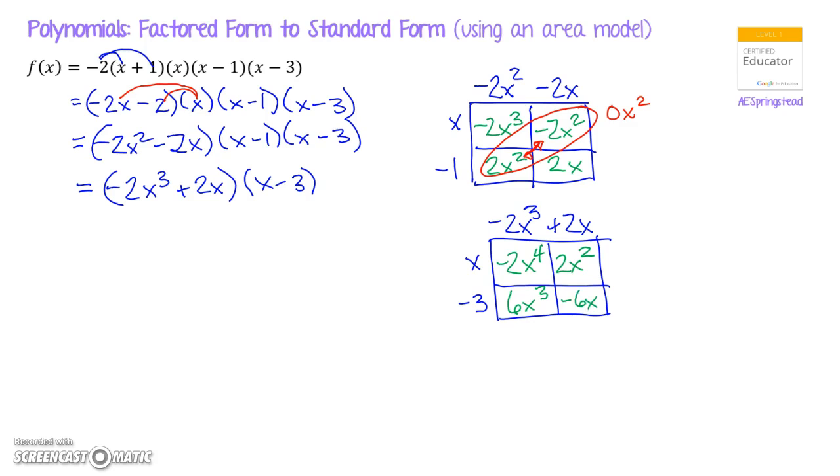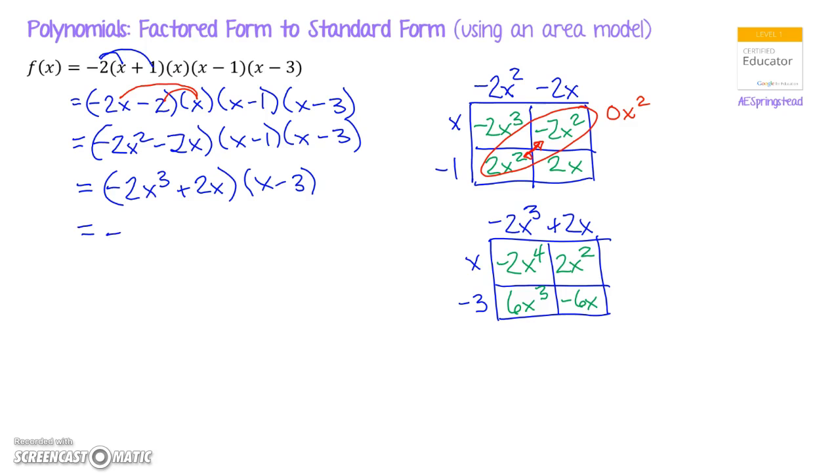So all we have to do is just add all those terms together and we're finished. I notice in this area model there are no like terms. We've got an x to the 4th, an x squared, x cubed, and x. So there's no like terms we need to add together. I'm just going to list them in descending order of their highest power.